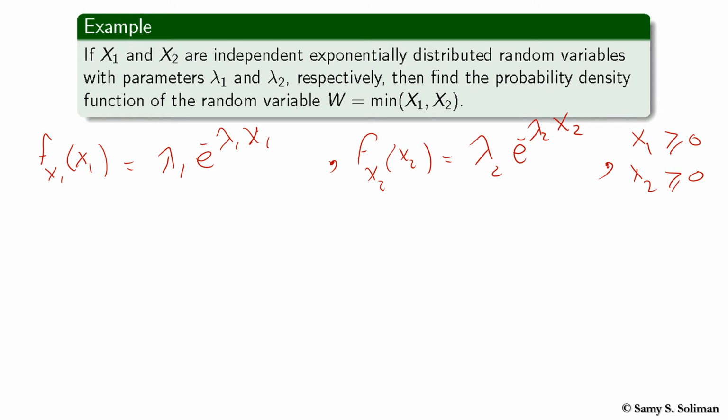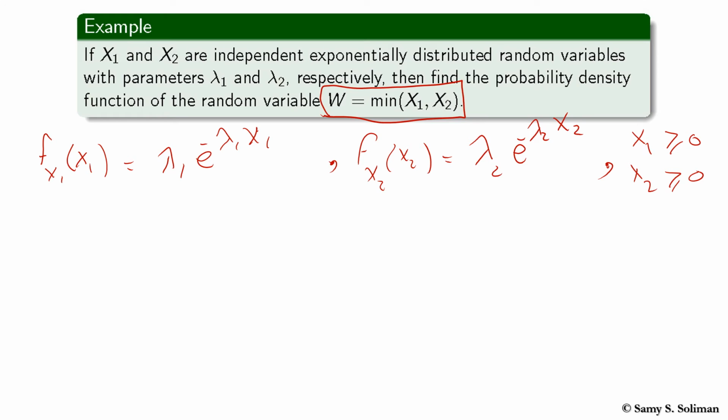Then we want to find the probability density function of a new random variable w defined as the minimum of x1 and x2. While we can follow the general approach in this problem, in this specific problem we can follow an alternative, simpler method based on our understanding of the definition of the new random variable.